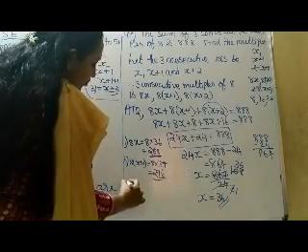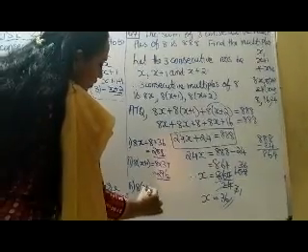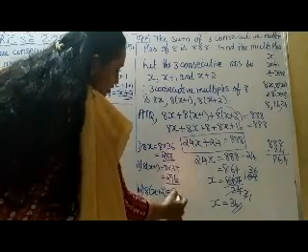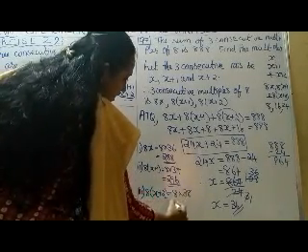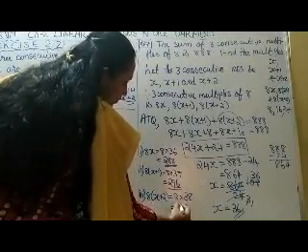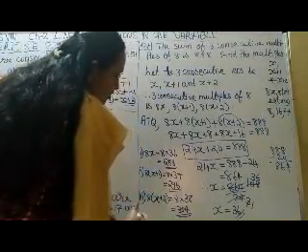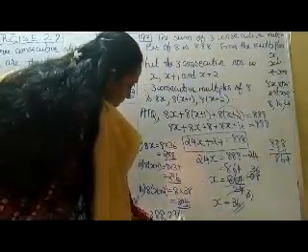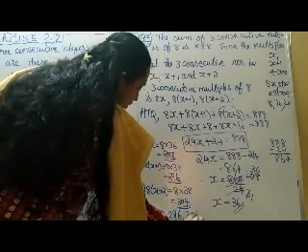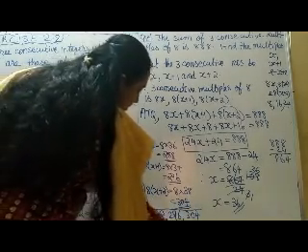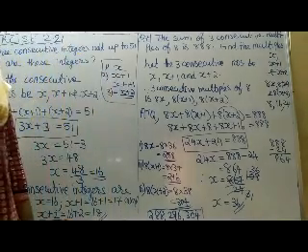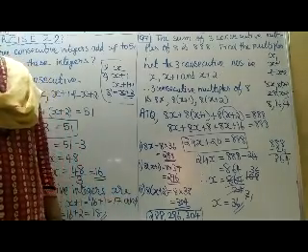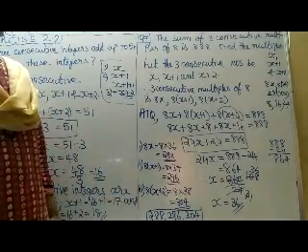And the third number is 8 into x plus 2 equal to 8 into 36 plus 2 equal to 38 equal to 304. So the required numbers are 288, 296, 304. If we add these three numbers, we get 888. So these are the three consecutive multiples of 8 whose sum gives 888.